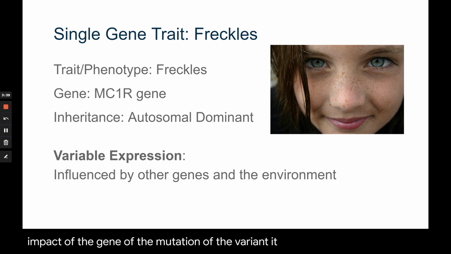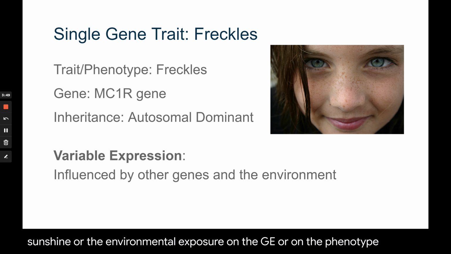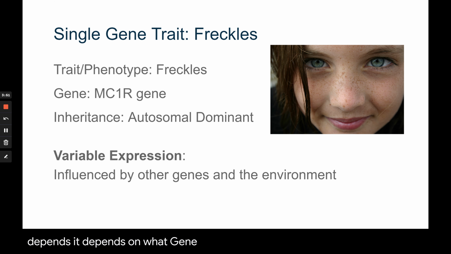It depends. It depends on if there is an environmental exposure of sunshine. And what is the impact of sunshine or the environmental exposure on the gene or on the phenotype? Well, it depends. It depends on what gene you have. And so there we have this bidirectional relationship that really determines the phenotype. And it changes over time, right?